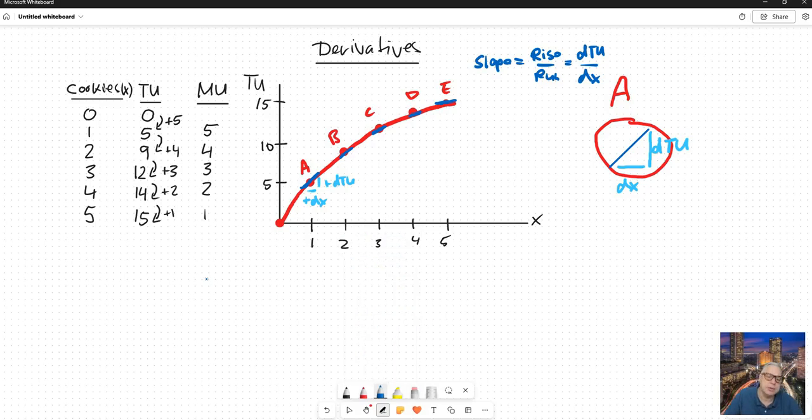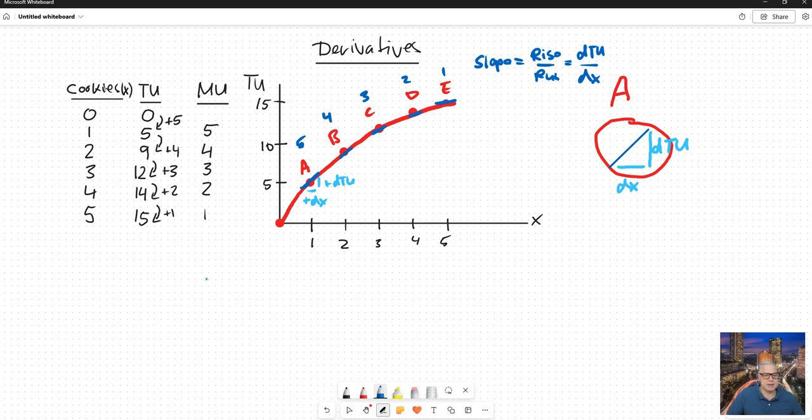If we try to find the marginal utility in point A, maybe the slope is 5, and that corresponds to a marginal utility of 5, and here it is 4, and here it is 3, and here it is 2, and here it is 1.